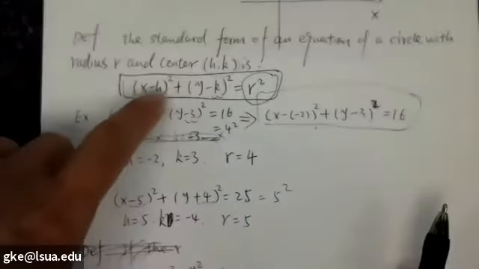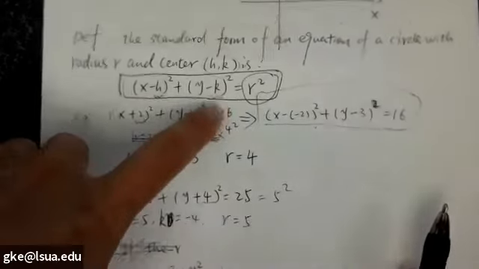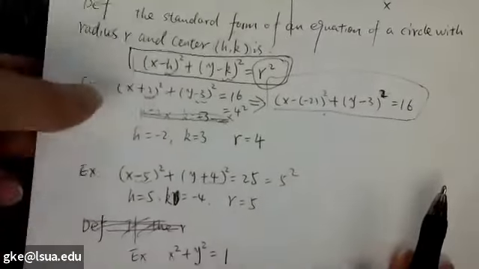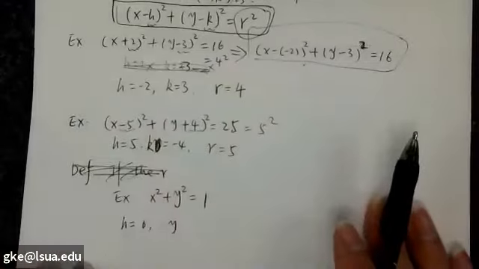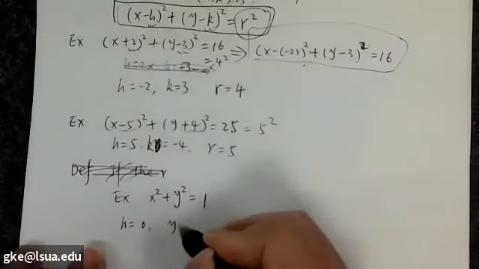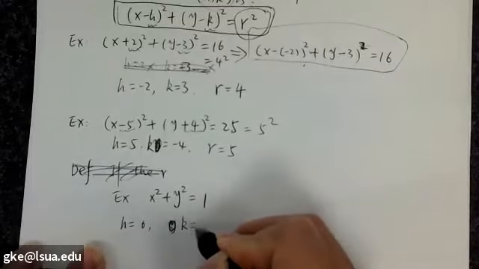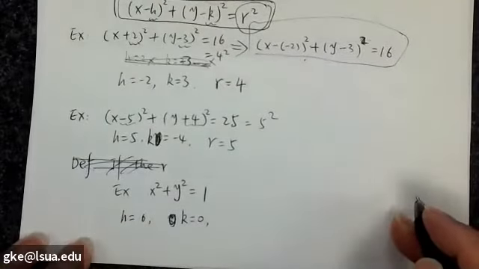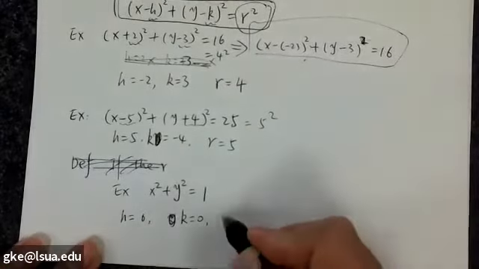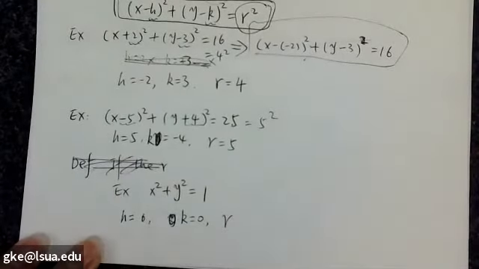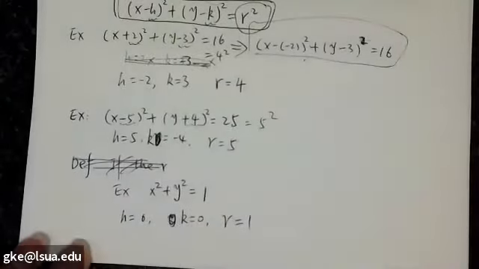Good job. Because only if h equals 0 and k equals 0 can you simplify it to x squared plus y squared. That's a very special case. How about the r? What is r? 1. Good job. It's just 1. So we define this as a unit circle.